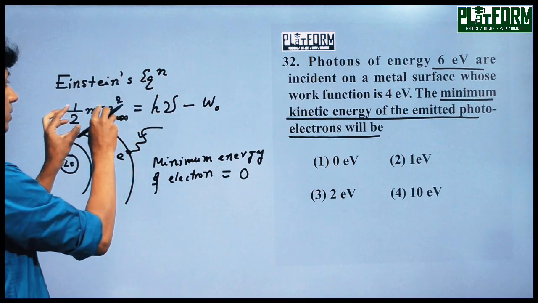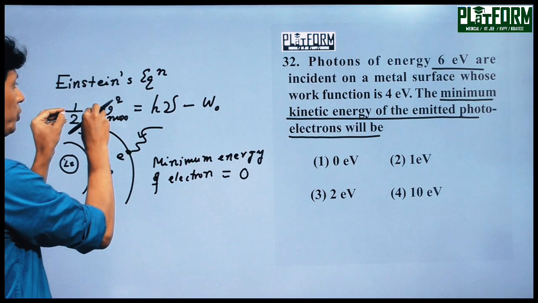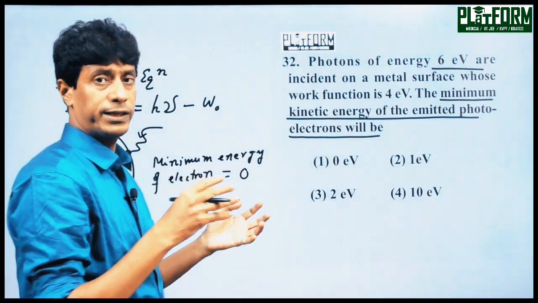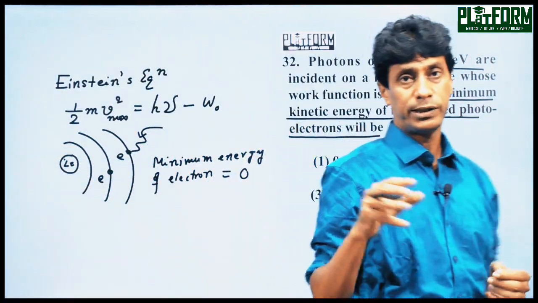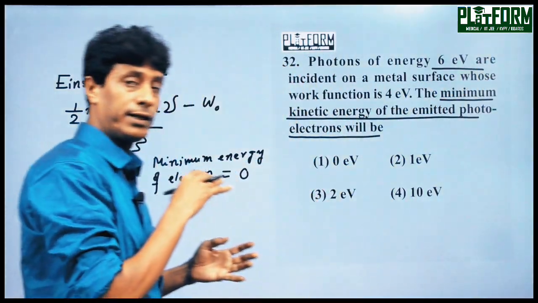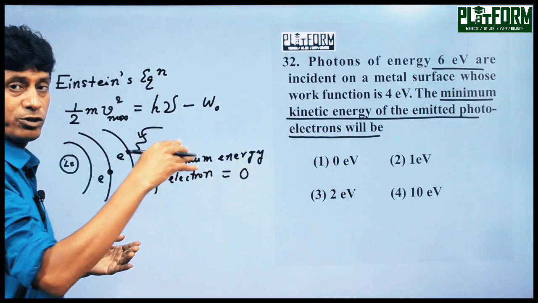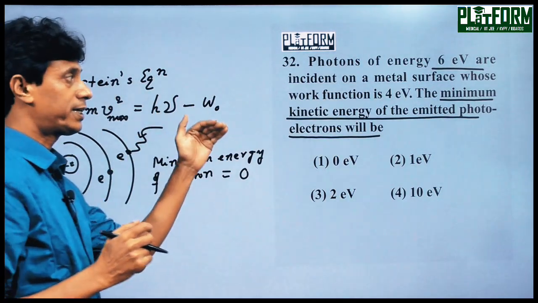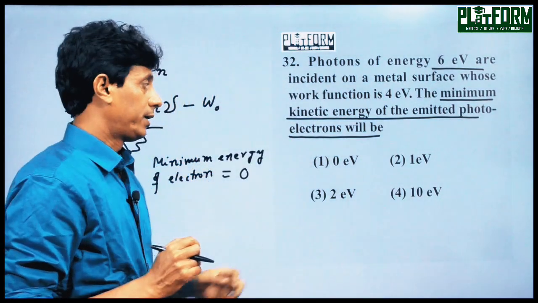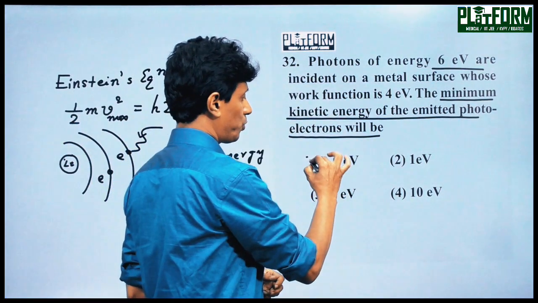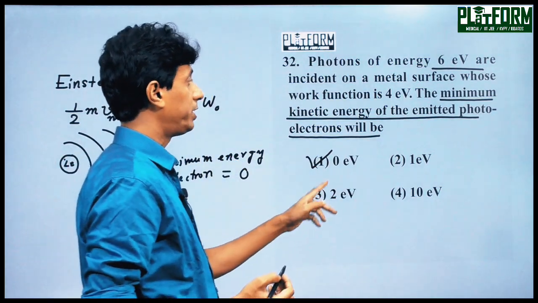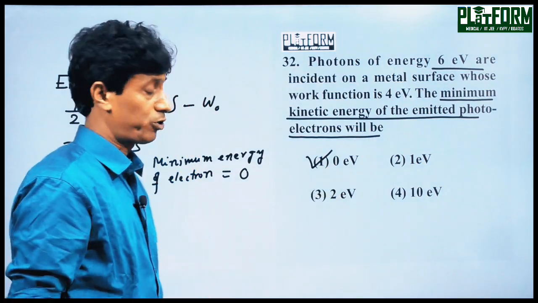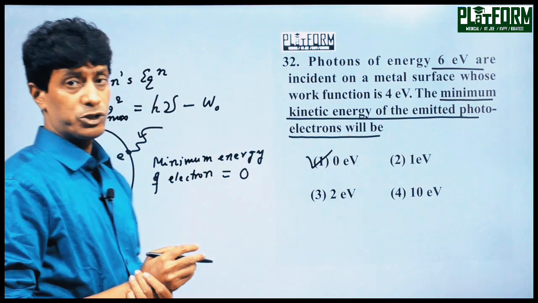This is the equation for maximum kinetic energy. When photons are incident on the metal surface, we can get photoelectrons of different energy starting from 0 to maximum kinetic energy. So here the question asks the minimum kinetic energy. So the answer is 0 eV. This is not 2 eV. 2 eV is the maximum kinetic energy of electron, but the minimum kinetic energy of electron is 0 eV.